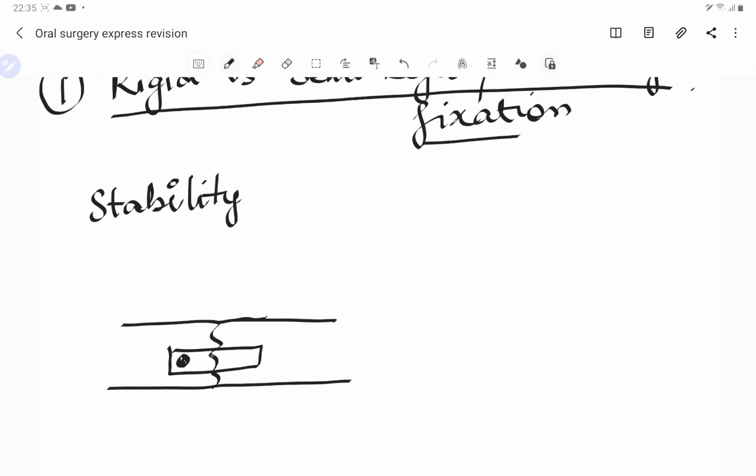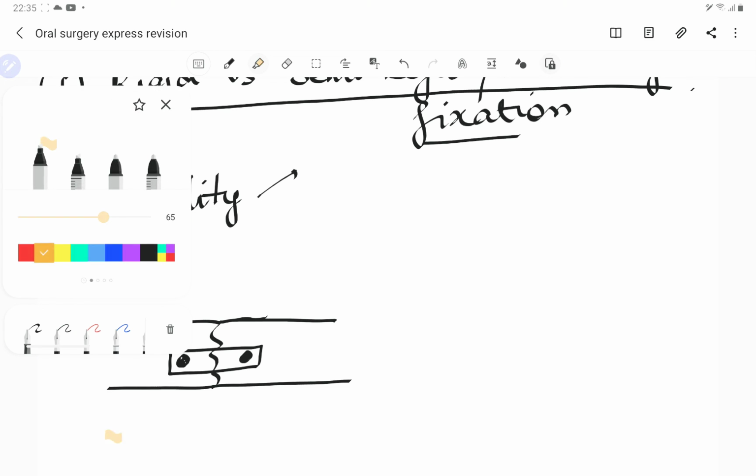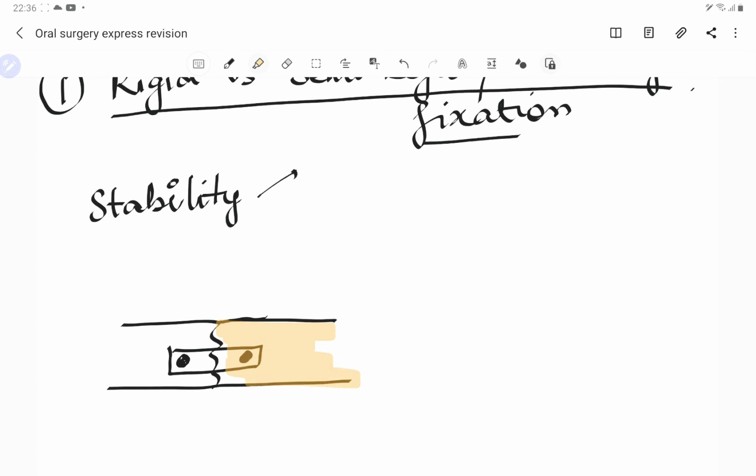Say suppose with this hole in between, here we have two screws in this plate. So once you have fixed this fracture, that means once you have done the plate fixation, after that if there is some movement of these fracture fragments, if you see these two fragments, they are showing some movement during say chewing or any functional movement. If there is some movement, we call it.